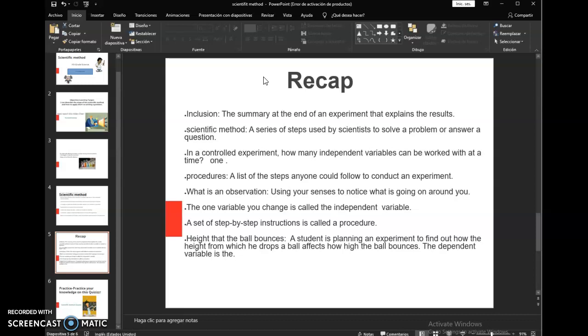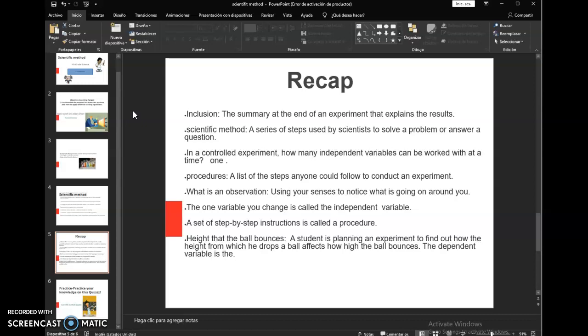So it's really important for the student to know really interesting and different topics, what could catch attention, could be really hard for them or really interesting for them, and in the same way it could be something tricky. Alright, and also we can use what is an observation, using your senses to notice what is going on around you. That was mentioned before.